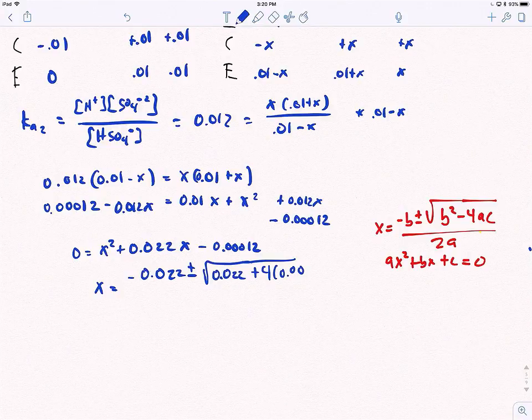I'm sorry, c is negative. a is 1, c is 0.00012, all over 2a. Okay.